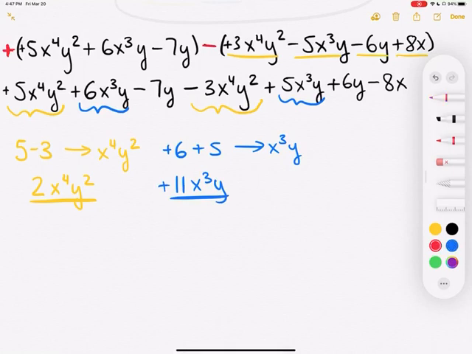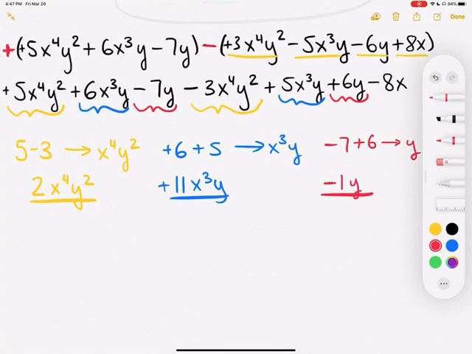Let's see if we can combine something in the third term that I have in there. It's negative 7y's. So if I have any other y's along, those are going to be like terms, so I should be able to combine those coefficients, the big numbers. So the big numbers are negative 7 and positive 6, and these are the y's. So negative 7 plus 6, that's going to be negative 1, and those are going to be the y's.